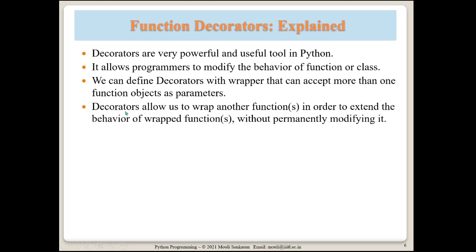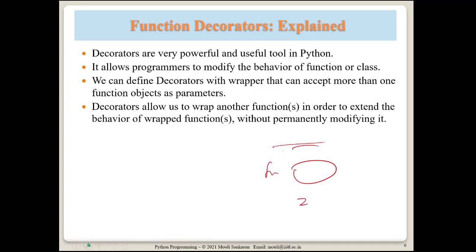More number of parameters. Decorators allow us to wrap another function or functions in order to extend the behavior of the wrapped function. So you are actually extending the behavior, beautifying it without permanently modifying it. You are not actually changing the function as such, but you are adding frills in and around the function.